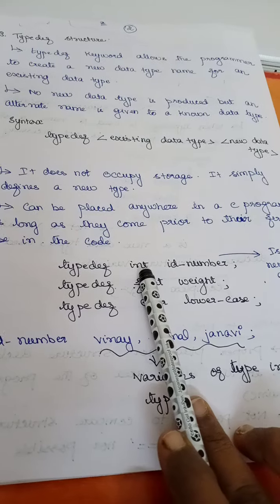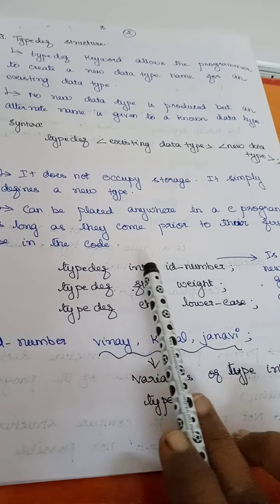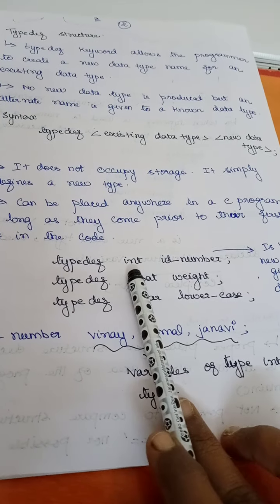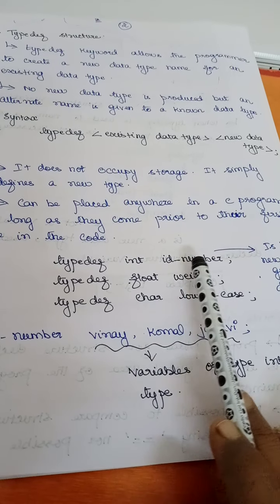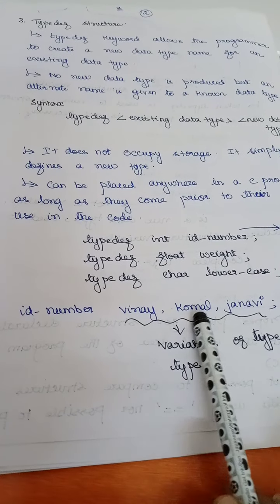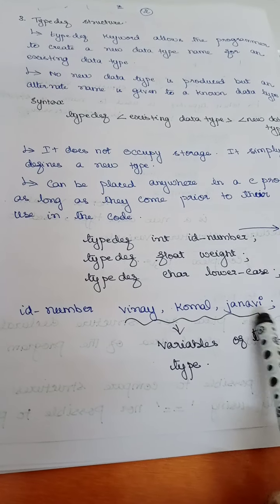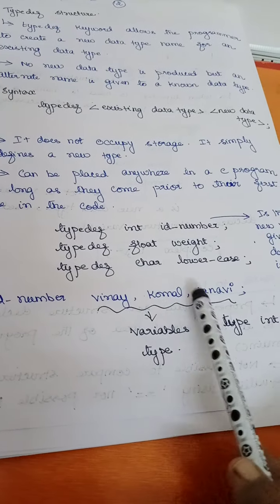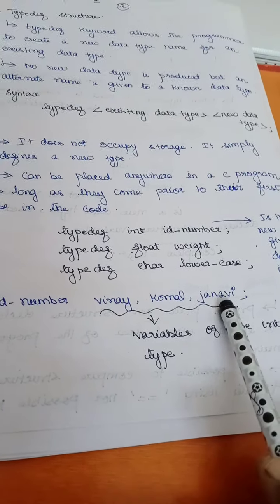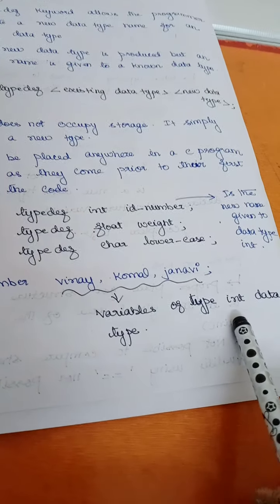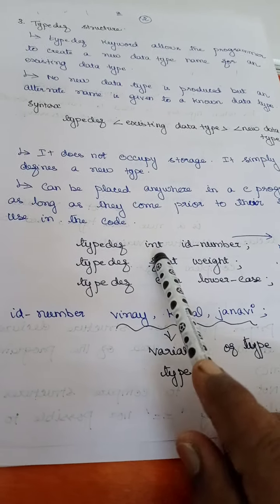So typedef int id_number means wherever I want to use int, I can use id_number. Whenever I want to declare variables, I can use id_number, and I can write a, b, c. All these variables are of type int. Here I need not use my int.